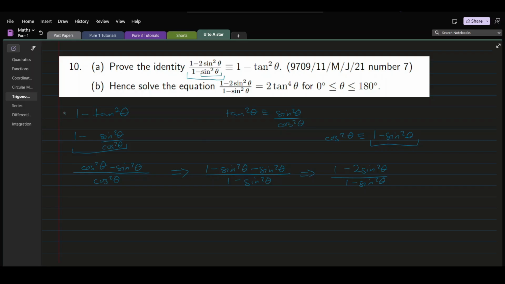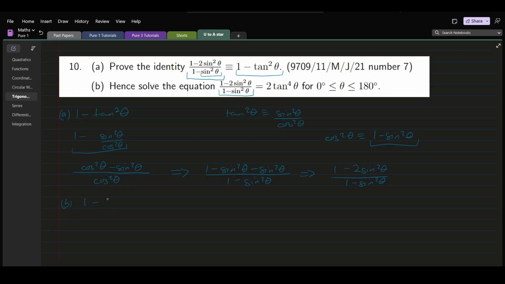This is part A. Now part B says, hence solve the equation 1 minus 2 sine squared theta over 1 minus sine squared theta is equal to 2 tan to the 4 theta. So we can simply replace this bit with 1 minus tan squared theta, since that will be easier to work with.